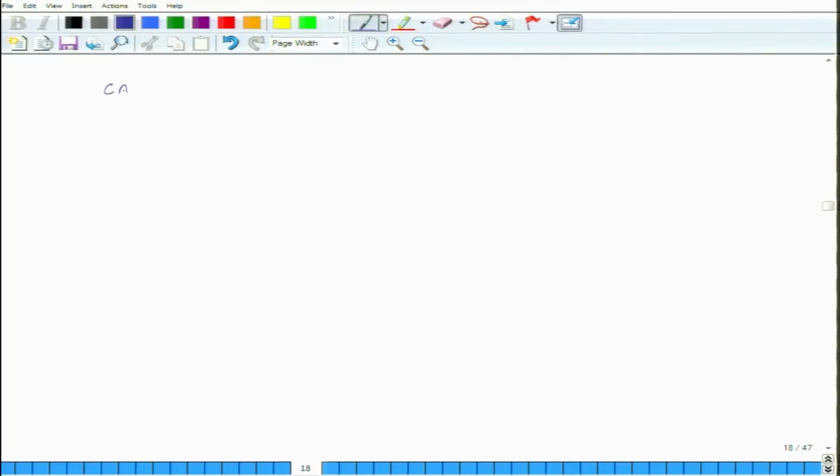So, computation, calculation of longitudinal modulus. We will call it EL, longitudinal modulus.